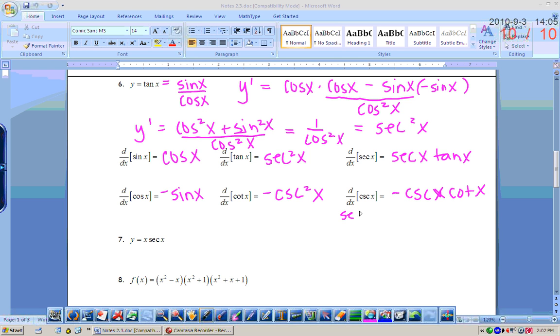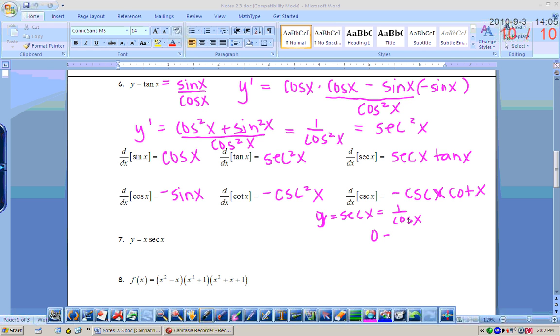Secant x, you would want to rewrite as 1 over cosine x. So if you take the derivative of 1 over cosine x, what's the derivative of the top? 0. Right. It doesn't even matter what the bottom is because I'm multiplying it.